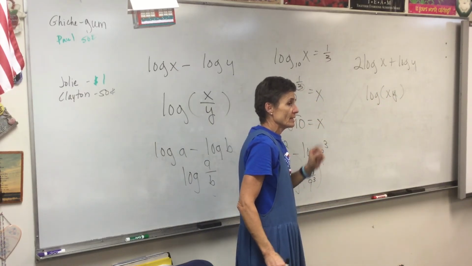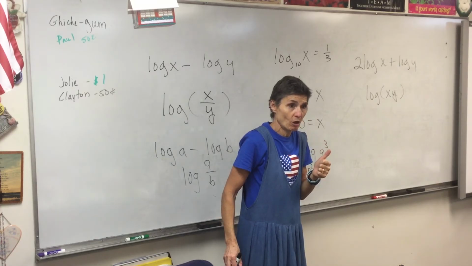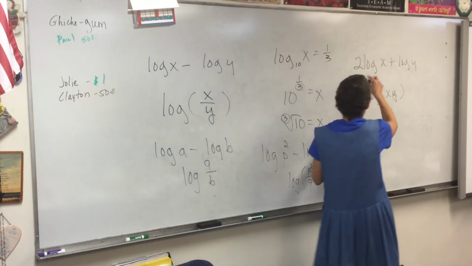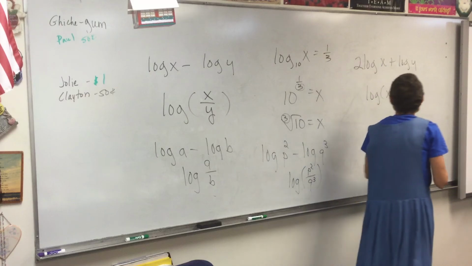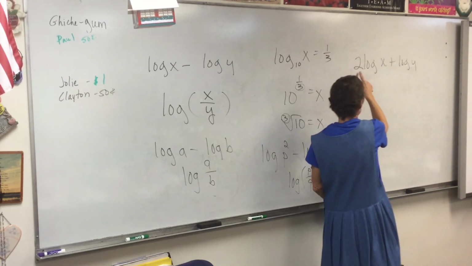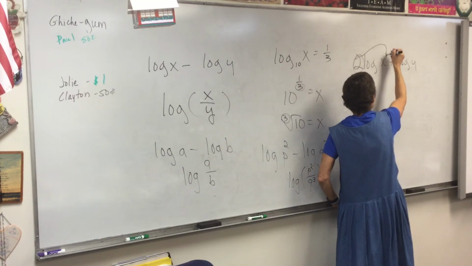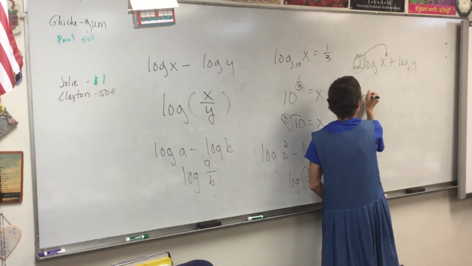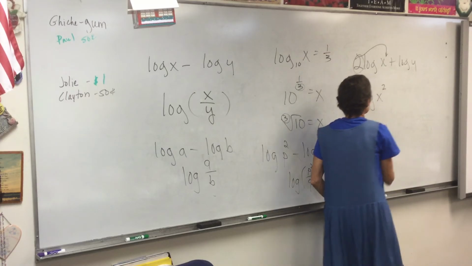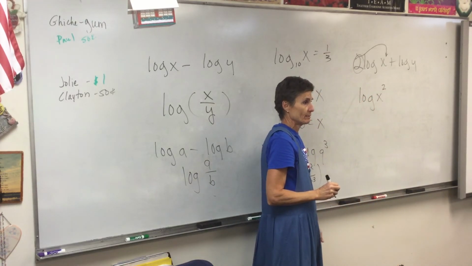What we're going to do is recognize another property of logarithms, which is this guy right here. A coefficient in front of a logarithm actually represents an exponent. So this would be written as the log of x squared.